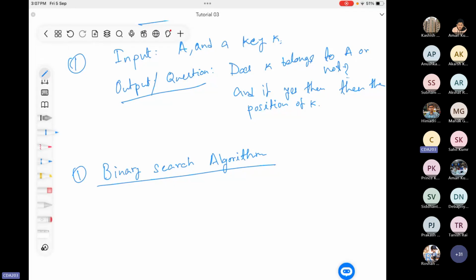There is a restriction on the input, and you will understand why. The input should be A, a sorted array, and the key. The question is the same.